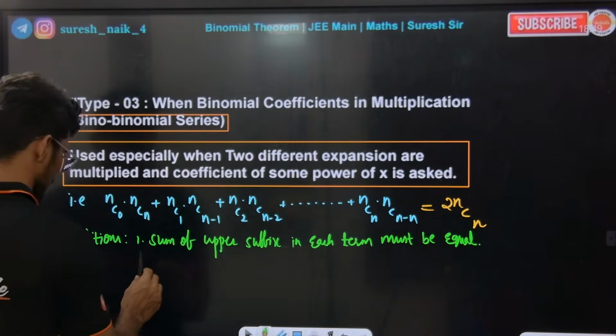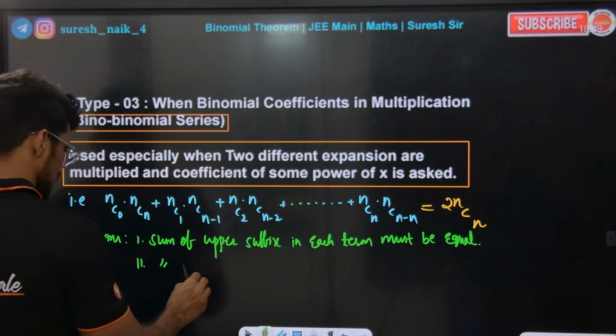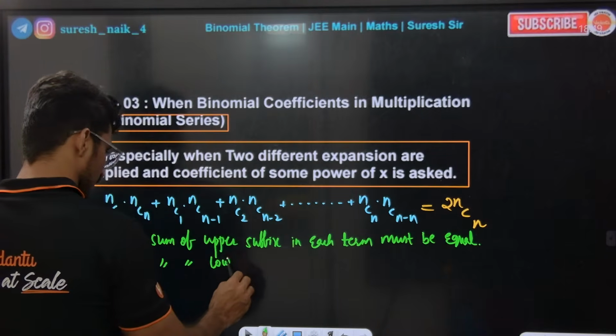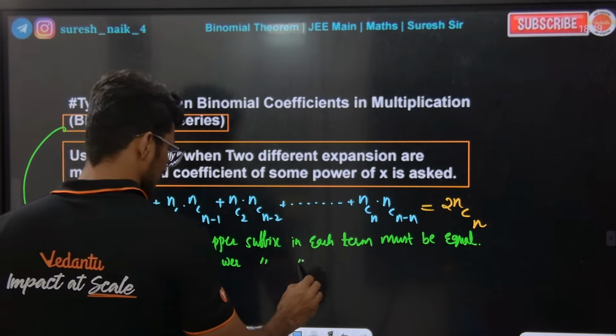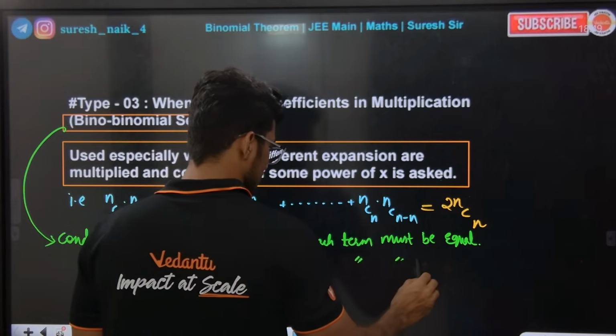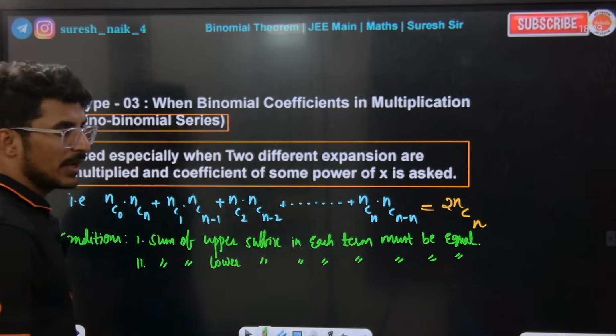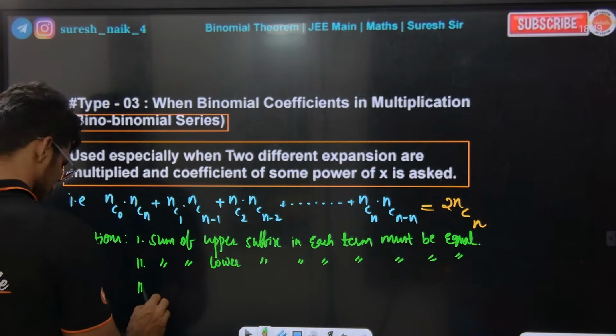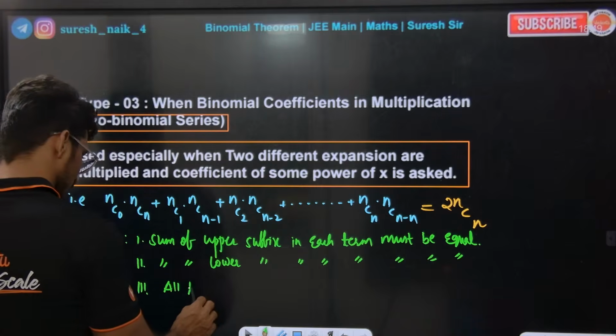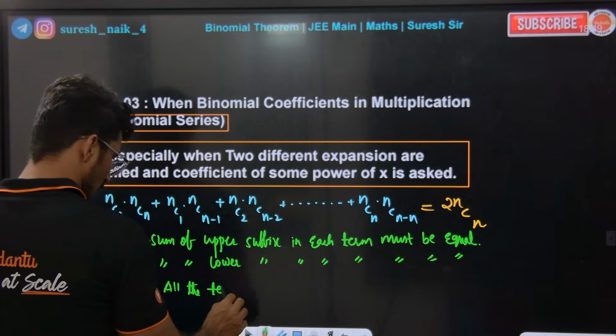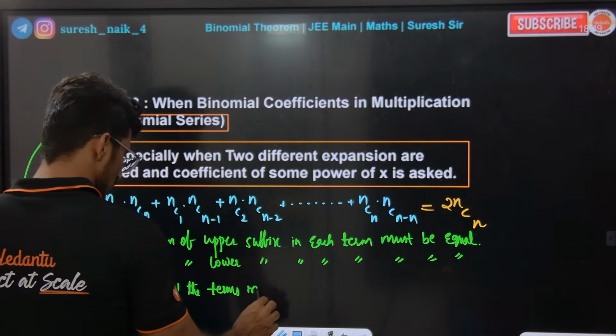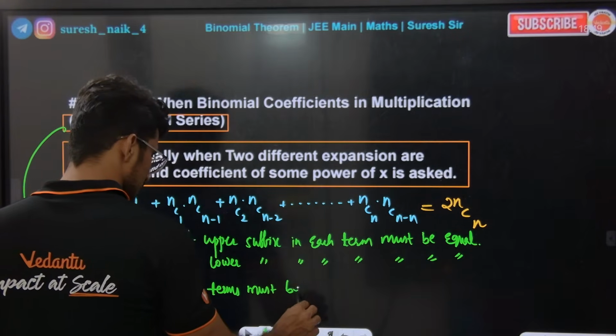Next, sum of lower suffix in each term must be equal. Okay, next third point, all the terms must be present.